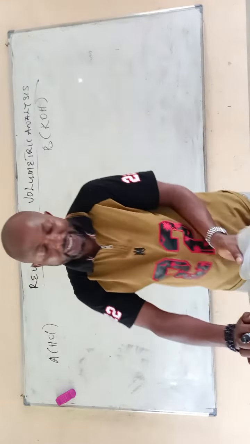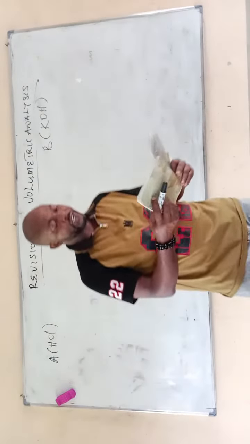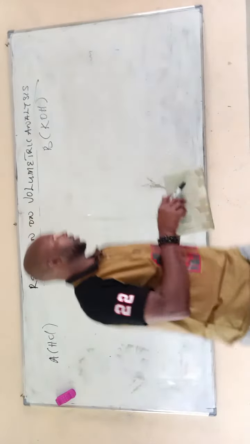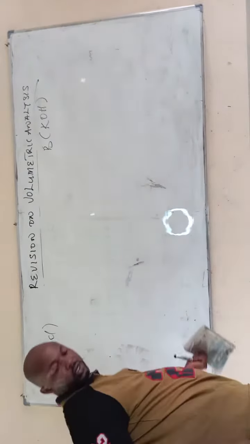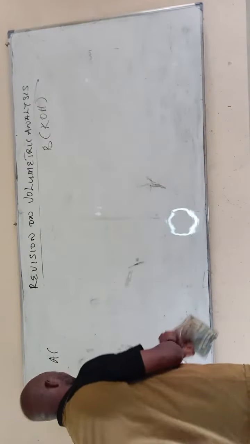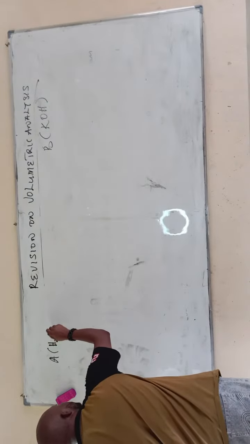The question says, solution A contains 20 grams of ethanedioic acid crystals in 1 dm cube of the solution. A contains H2C2O4.